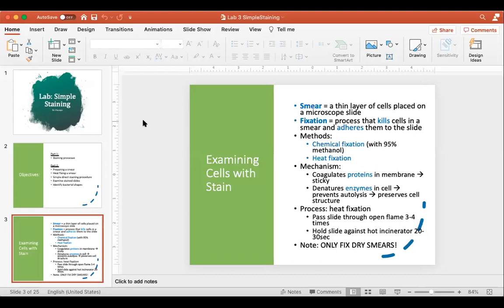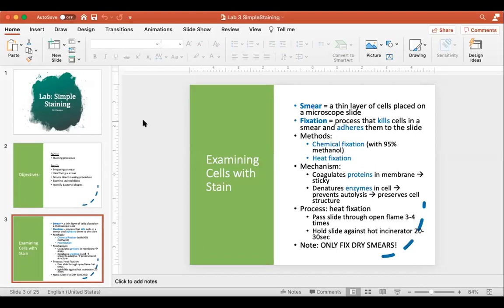The other thing to remember, and I mentioned this last time when we were talking about biosafety, fixation is also going to kill the cells. Both the fixation process and the staining itself is going to kill whatever cells we put on a microscope slide. So that's important to remember.